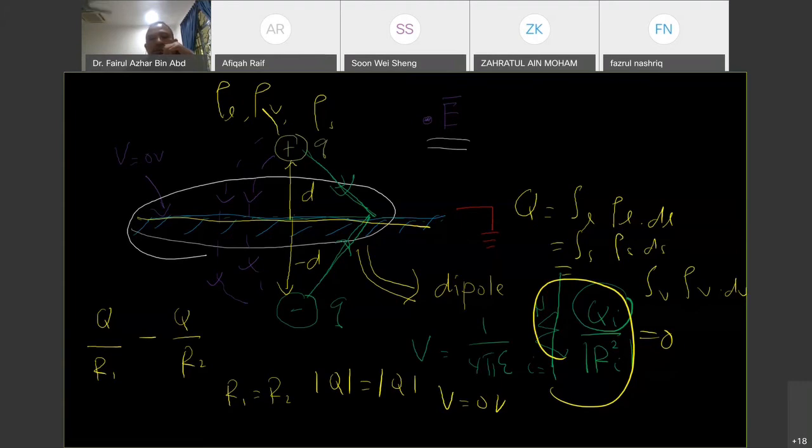The problem in this method is the existence of this plane. So how are we going to solve it?